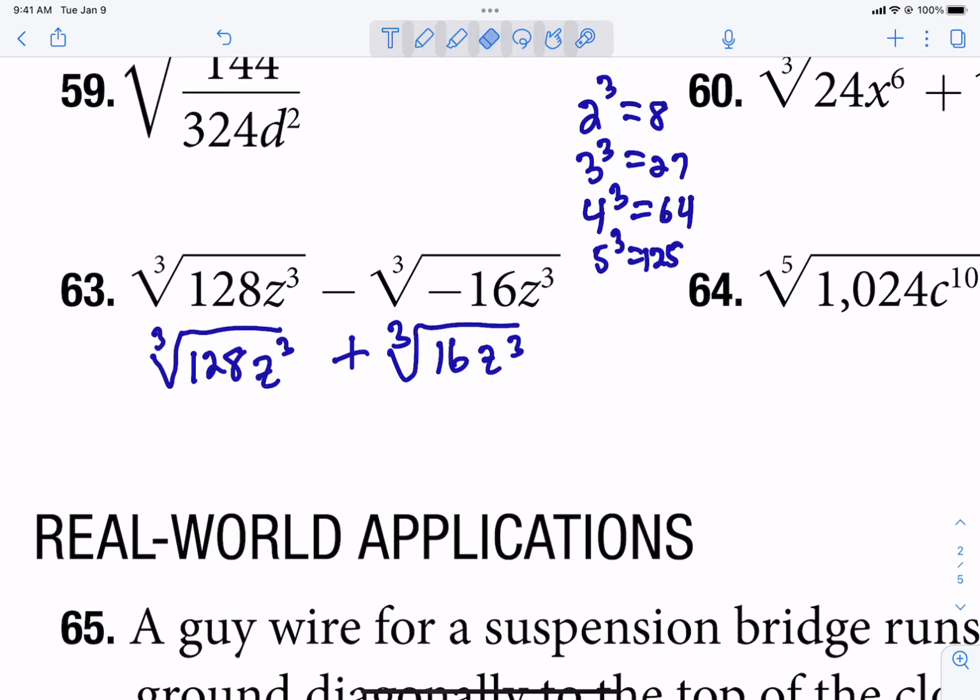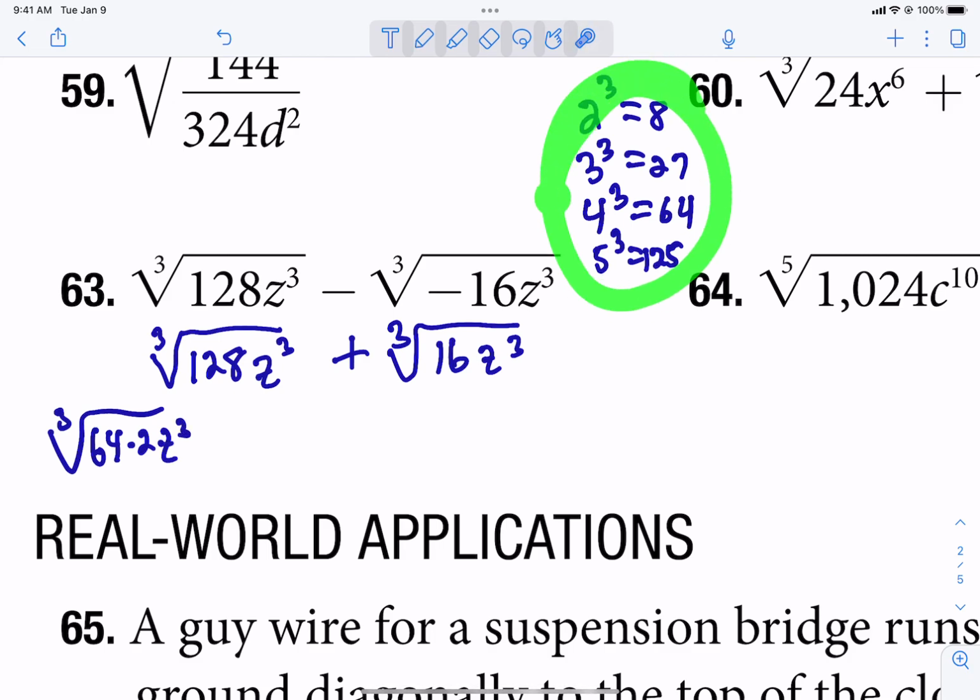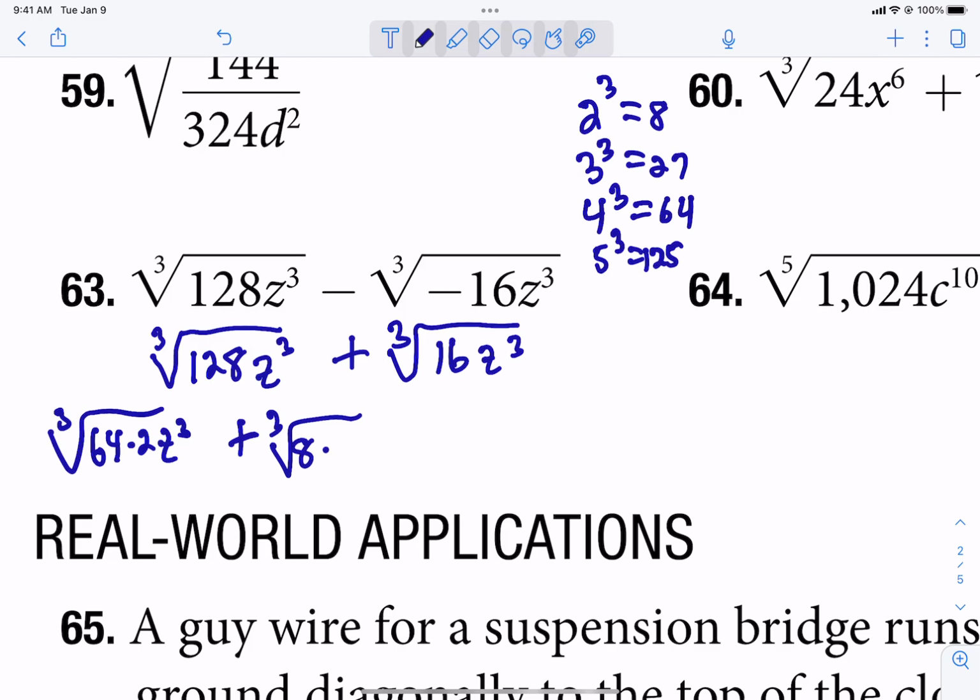So 128 is not on our list, but 128 is divisible by 64. That's 64 times 2. So let's make that 64 times 2. Remember, cube roots, we only care about numbers on this list. 16 isn't on our list, but 8 goes into it. So let's write that as 8 times 2.